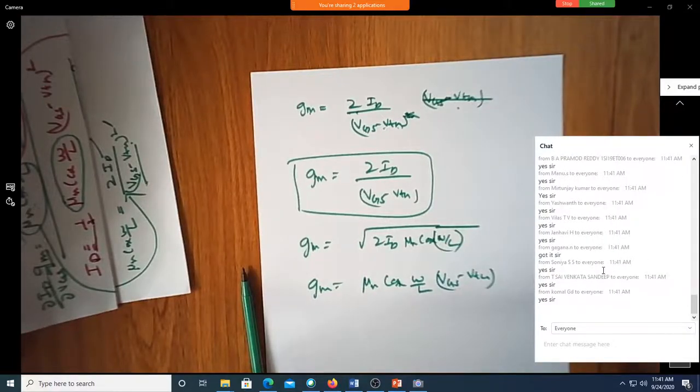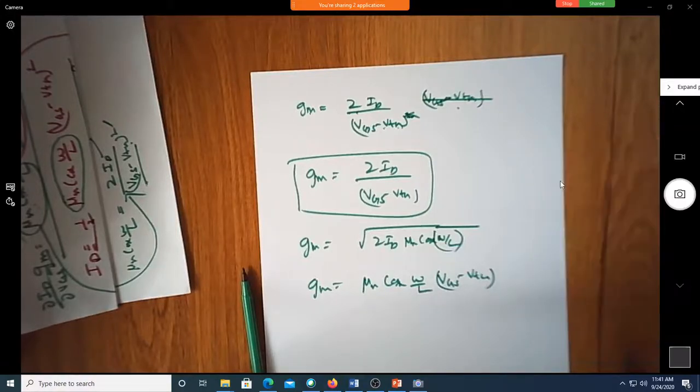Make it fast. Okay, this is what the expression for your GM is.